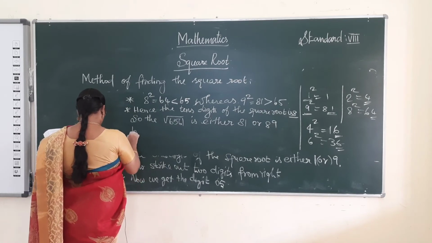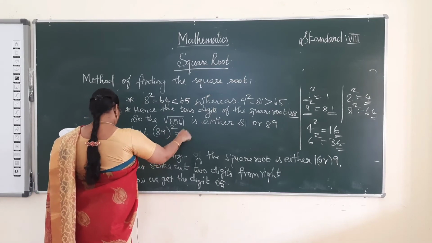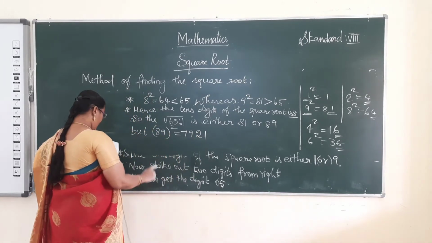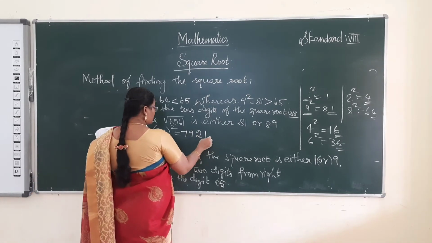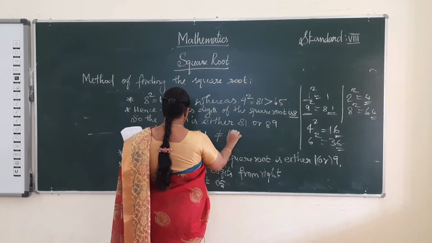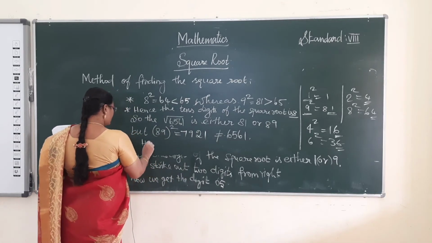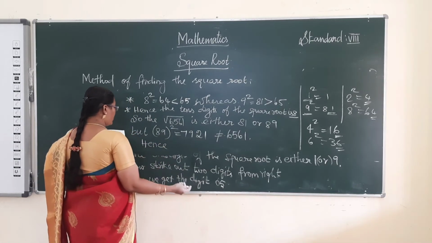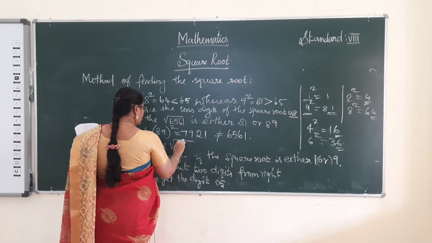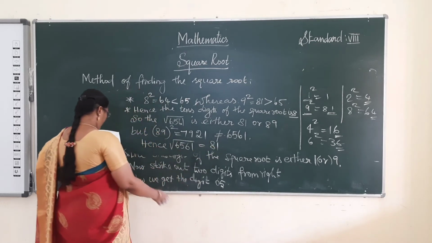But 89 squared is 7921, which is not equal to 6561. Hence the square root of 6561 is equal to 81.